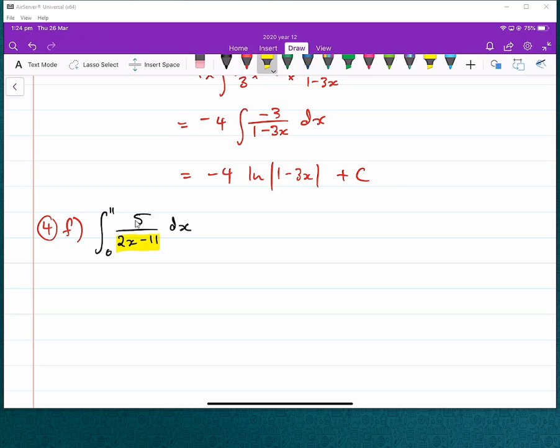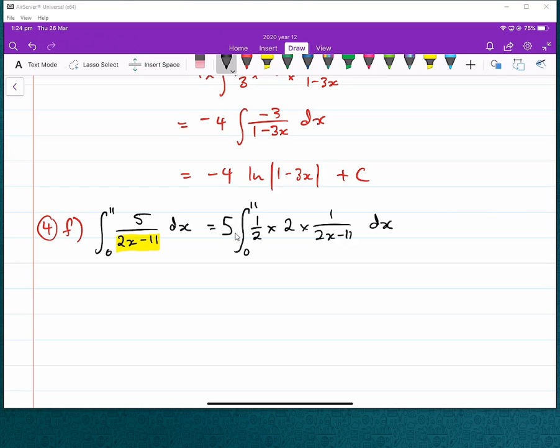So how I'll change this is I will firstly pull the 5 out, so 5 by the integral, and I'll just add it in one step now. I want a 2 at the front, so I'm going to say half times 2 times 1 over 2x minus 11.